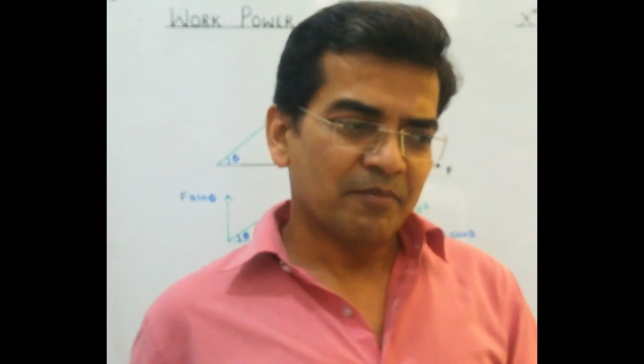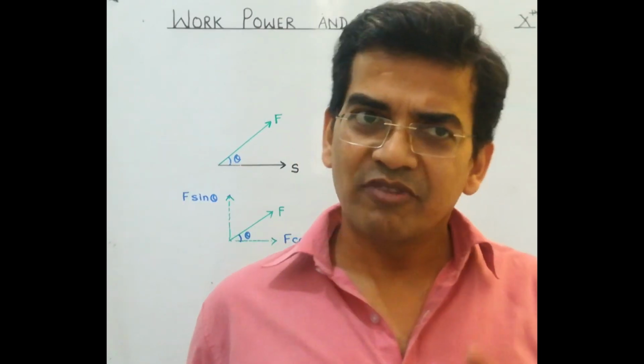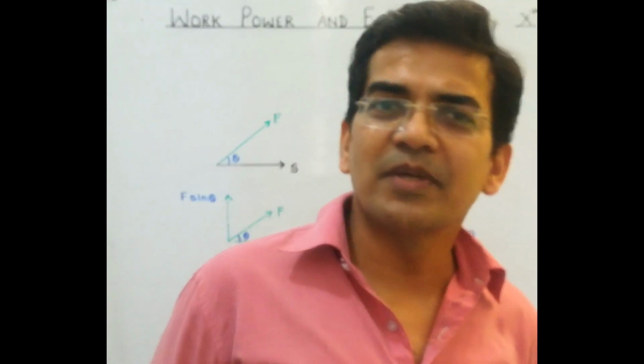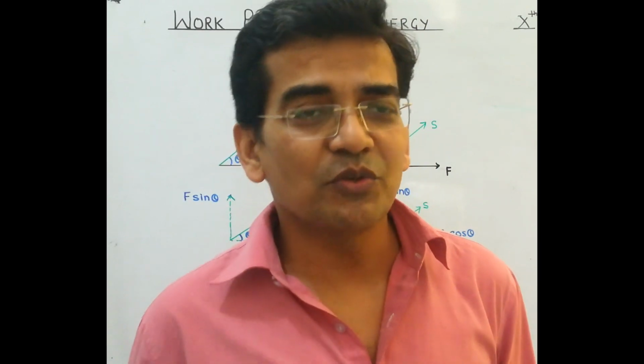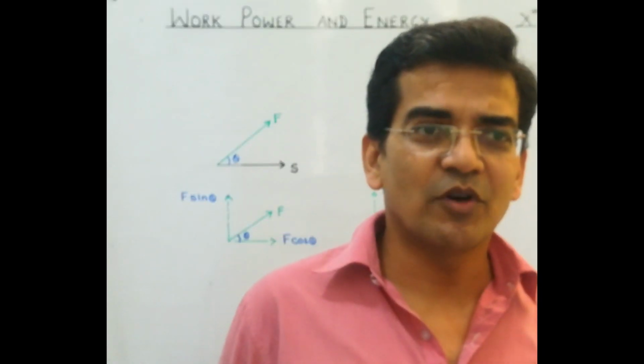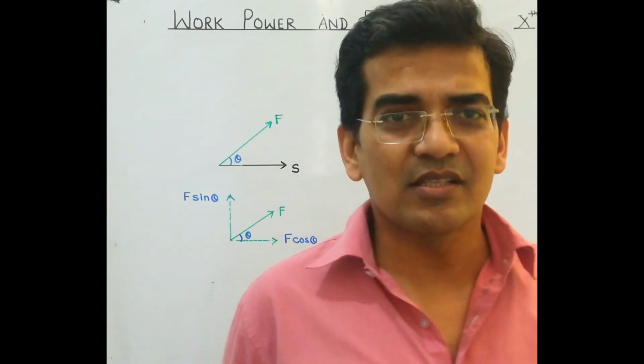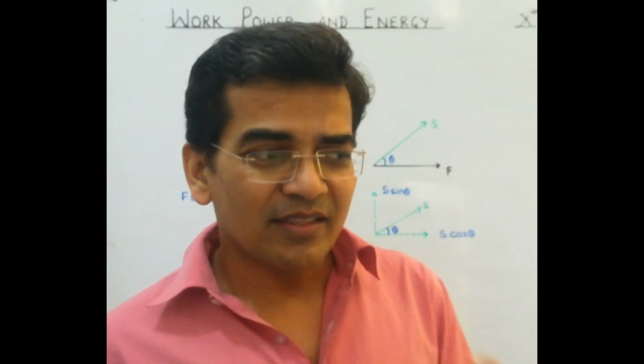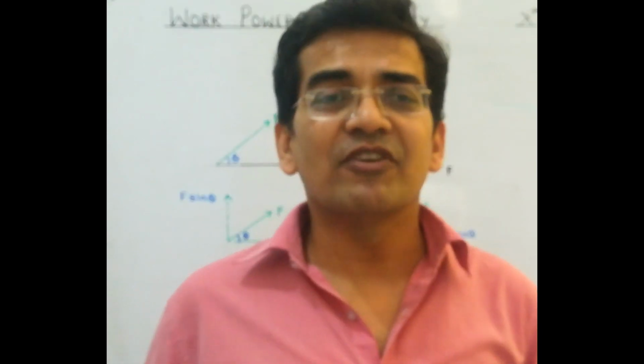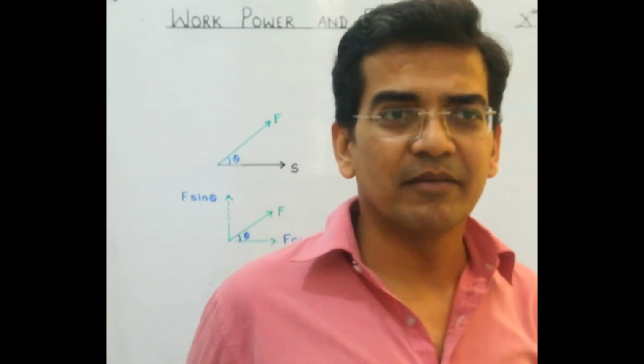So there may be two types of cases: the force is applied and the displacement is in the same direction, or when you apply the force on a body, the direction of the displacement and force are not the same. In that case, force and displacement will make a certain angle between them.